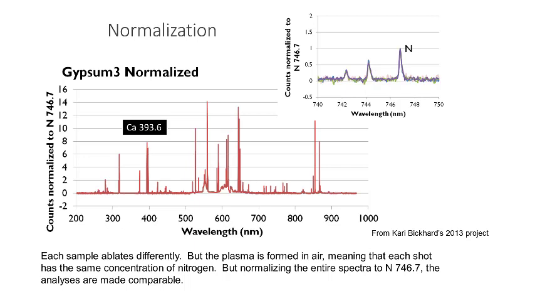Recall that our atmosphere is mostly nitrogen, so if we look for the nitrogen characteristic peaks and see how their intensity changes from each given shot, we can then use that to constrain the rest of the intensities. The characteristic nitrogen peaks are shown in the upper right corner. The gypsum that was shot and produced the spectra to the lower left has been normalized to the nitrogen values. This can then be compared to other materials.